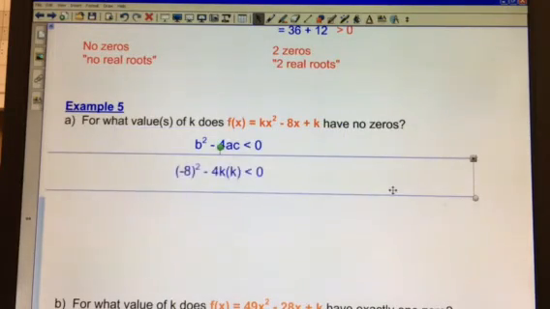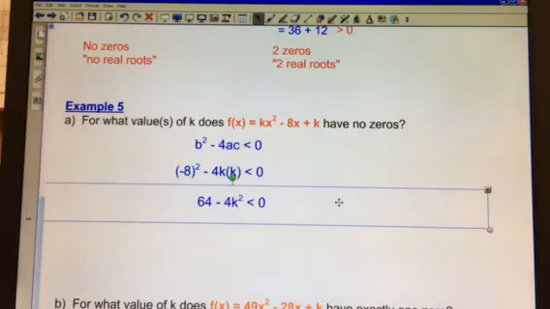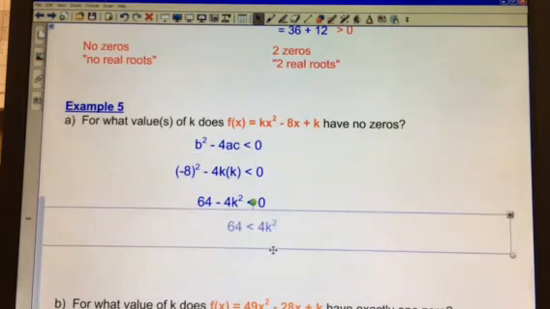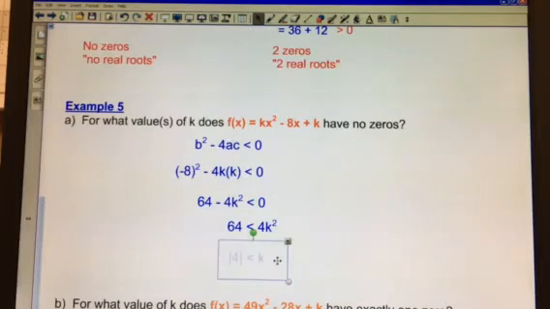Substitute a, b, and c. Simplify. So negative 8 squared is 64. Negative 4k times k is negative 4k squared. You rearrange this inequality, divide both sides by 4, and square root.